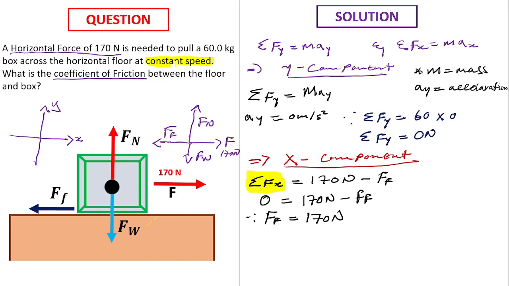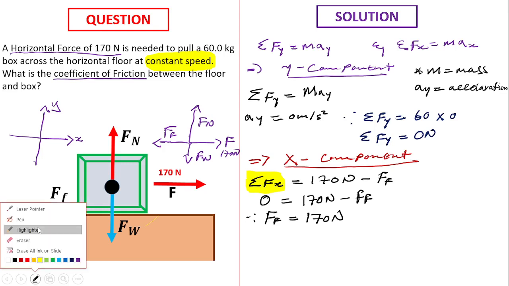When an object is moving at a constant speed, you need to understand that the acceleration is 0.